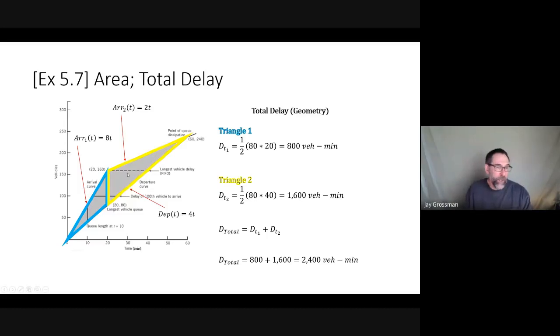Could be an accident and the road is backed up and lanes are closed, until they clear that out. If we add up this area under here, that'll give you vehicle minutes of delay, because you're taking this axis times that axis. And then we showed in traffic signals, you can use this exact same thing and calculate your level of service for that one approach or for the entire intersection, if you're plotting the entire intersection. So there's our delay piece.